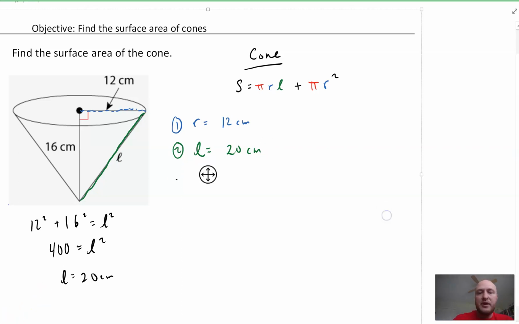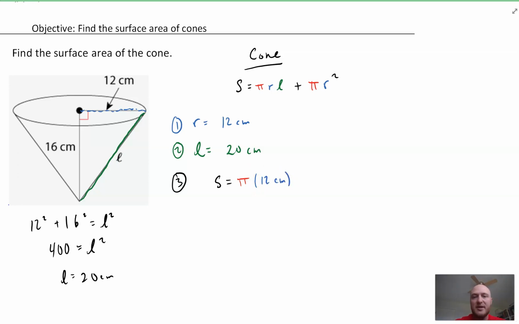Step three is just to utilize the formula that is given. S is equal to pi times the radius, 12 centimeters, times the slant height, 20 centimeters, plus pi times the radius squared, so 12 centimeters squared.